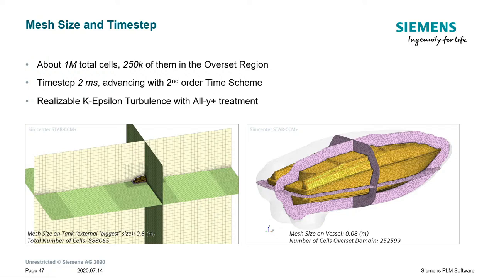It is quite small, but it is really to guarantee that the Courant number is less than, I think, 0.3 in all the possible circumstances of the maneuvering. And here I use as turbulence the realizable K epsilon model, which is one of the most stable for this type of calculations.